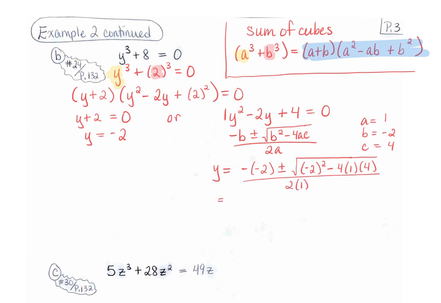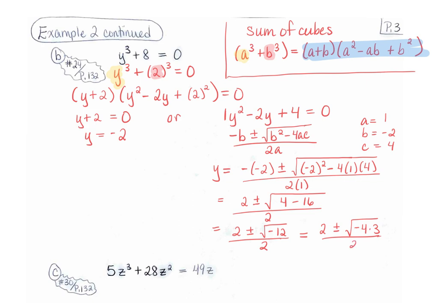So now simplifying, we get 2 plus or minus the square root of 4 minus 16 over 2. That is equal to 2 plus or minus the square root of negative 12 all over 2. That's equal to 2 plus or minus the square root of negative 4 times 3 all over 2.